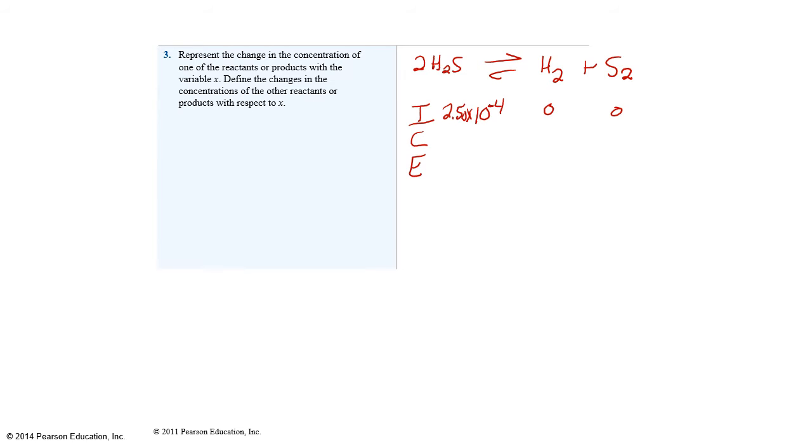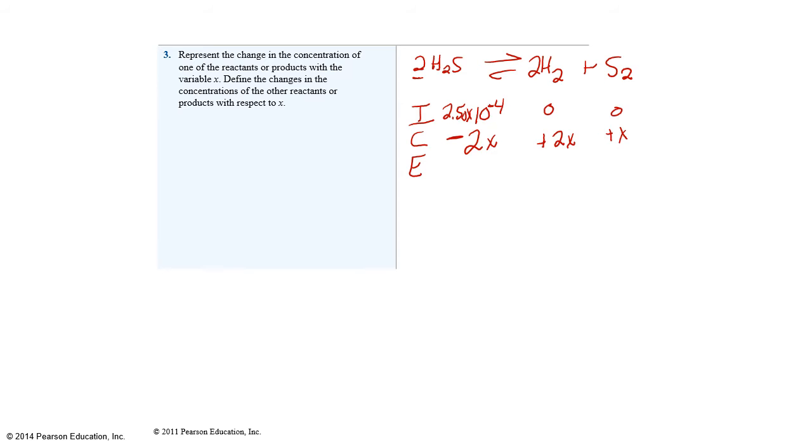Now we're going to represent the change using X. So our dihydrogen monosulfide is going to decrease because it's a reactant by 2x, 2 because of the coefficient. Hydrogen is going to increase by 2x because of the coefficient. And sulfur is going to increase by x because the coefficient is 1.